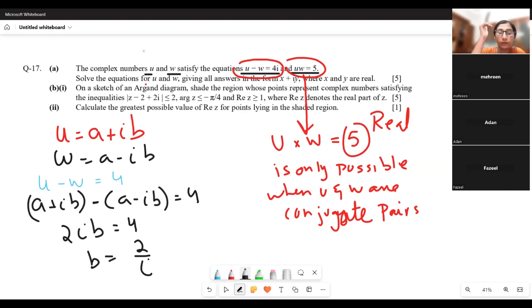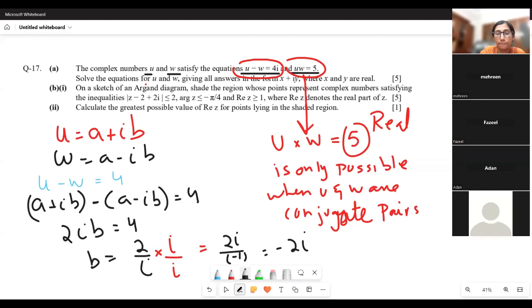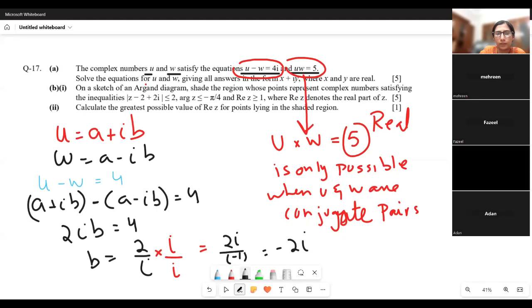That needs to be fixed. So we multiply with iota here and divide with iota here. That gives us 2 iota upon minus 1 because iota square is minus 1. So we get minus 2 iota.